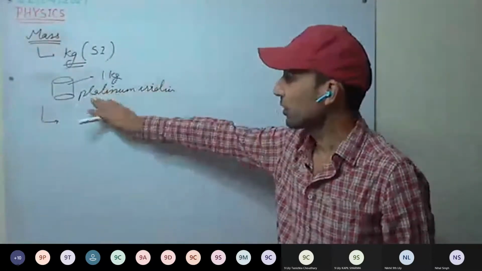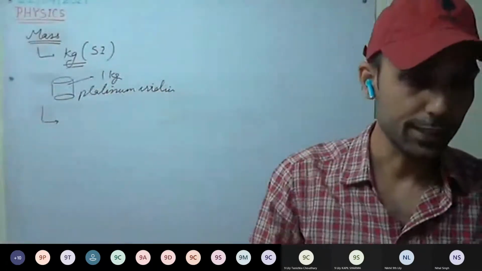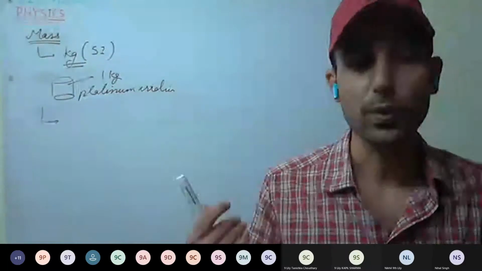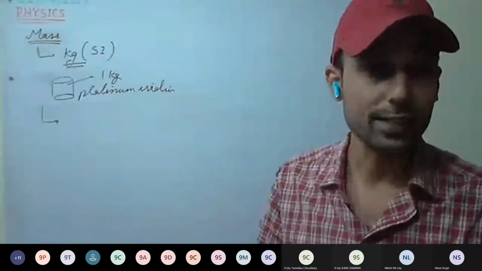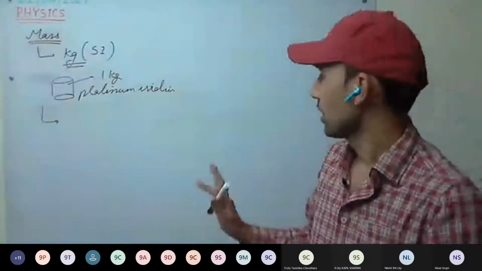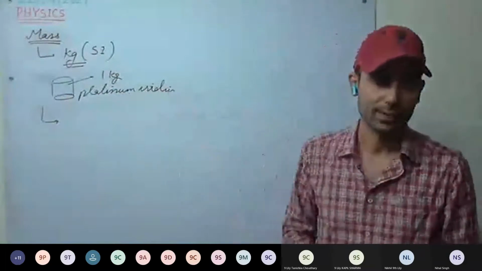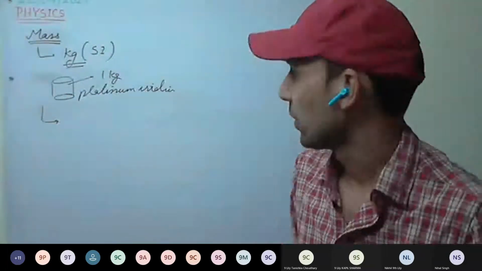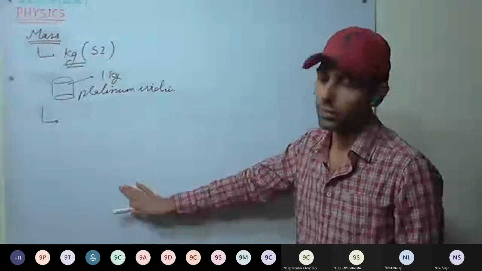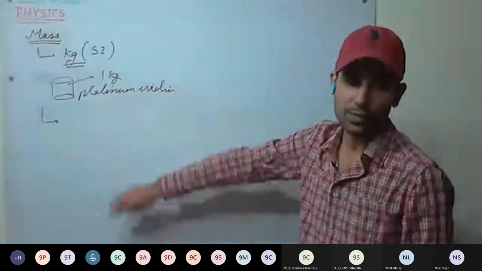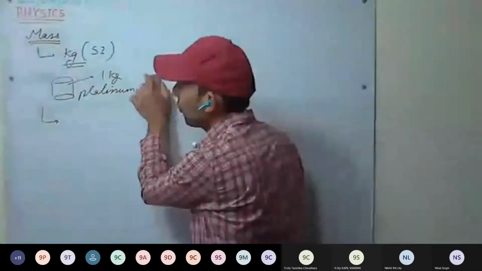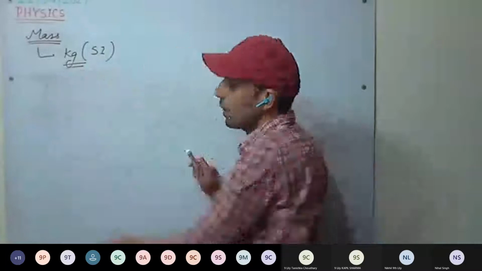The definition of the kilogram was defined in 1889. It was further redefined, and on 20th May 2019, that is last year, it came into effect. But the older definition will live. You have to remember this definition only.